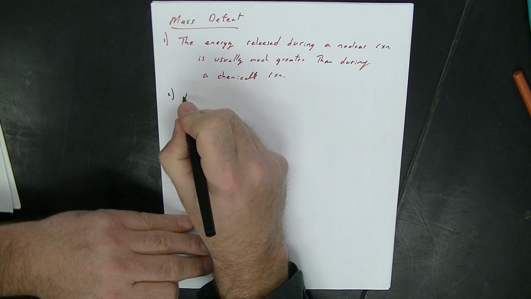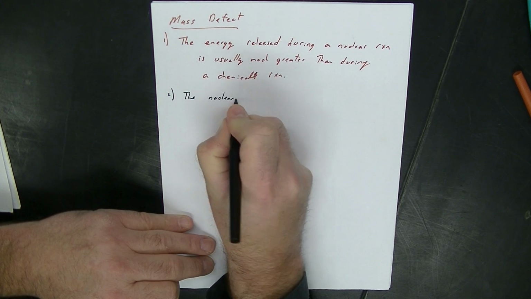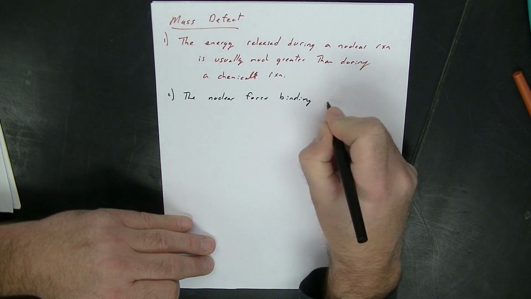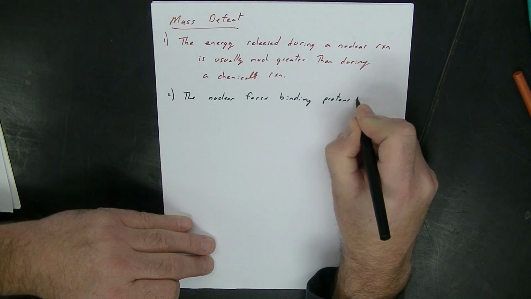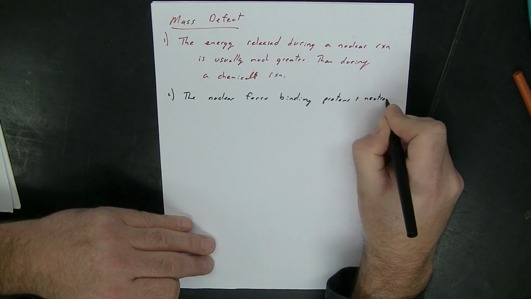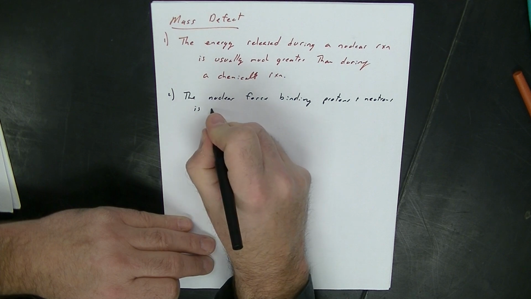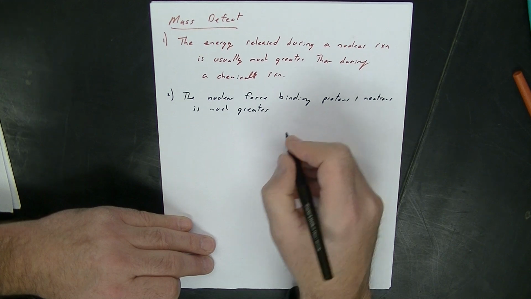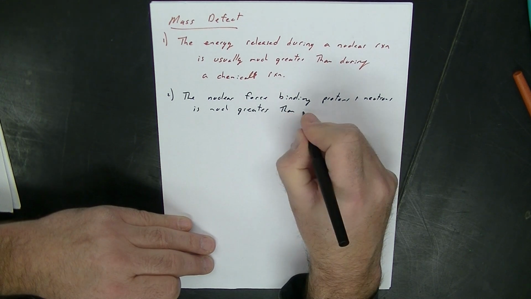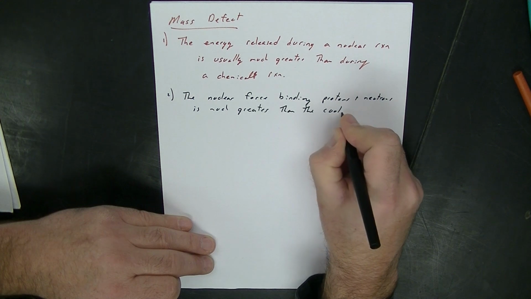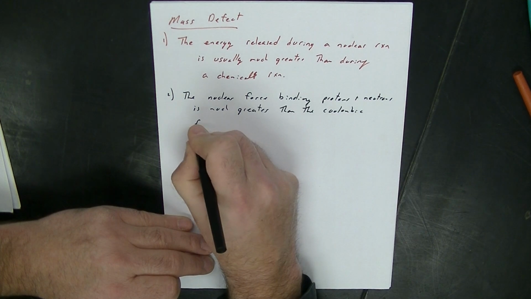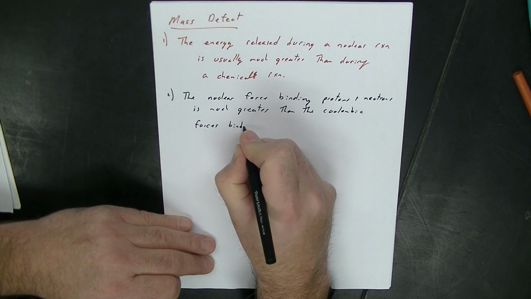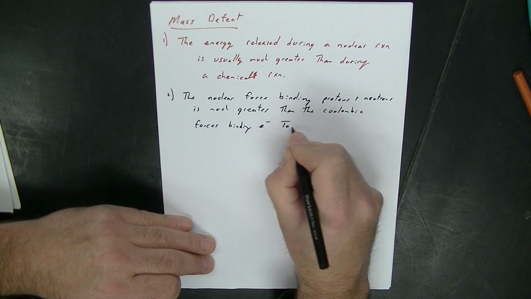The nuclear force binding protons and neutrons is much greater than the Coulombic forces binding electrons to the nucleus.